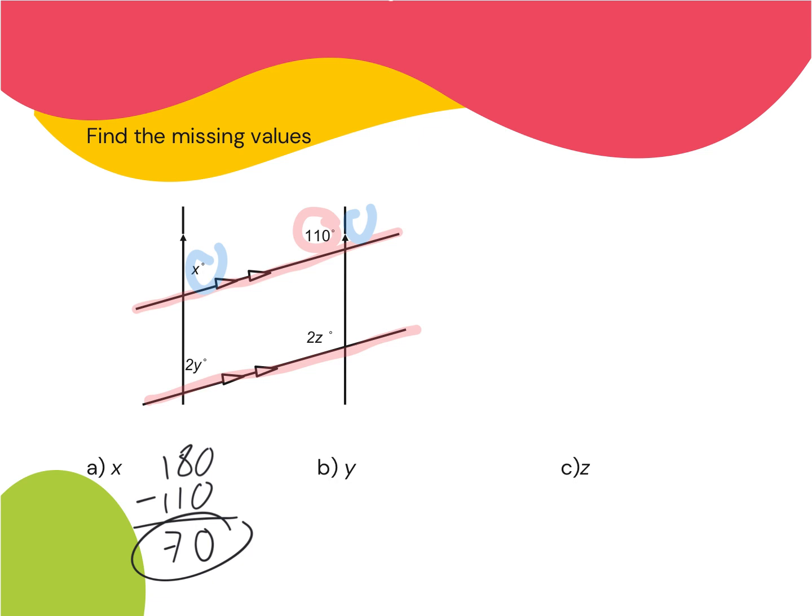Now, for y, I'm going to write it in here. I want you guys to realize that this angle, 2y, and this x, they're corresponding, so they are the same thing. We can say 2y is equal to 70, so we can divide both sides by 2, and we're going to get that y is equal to 35.